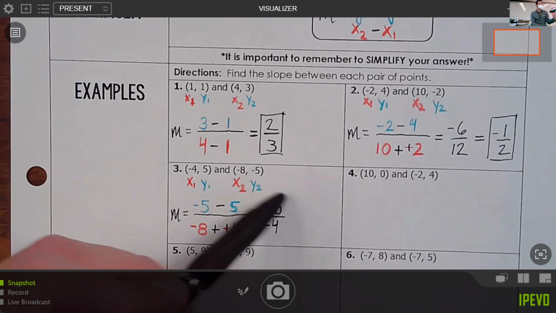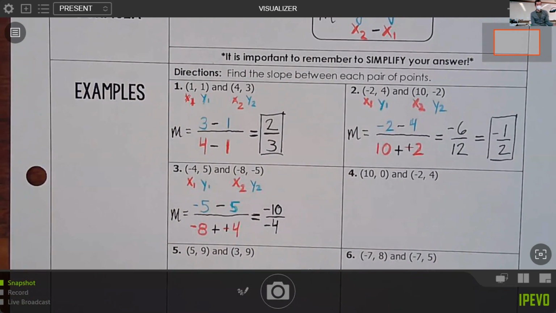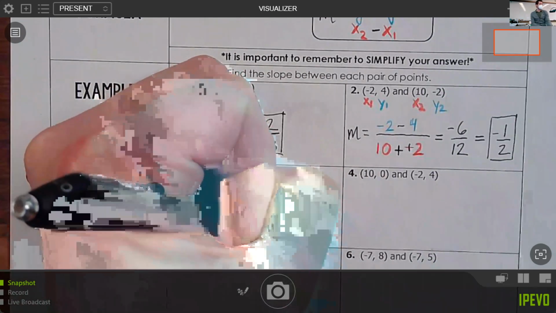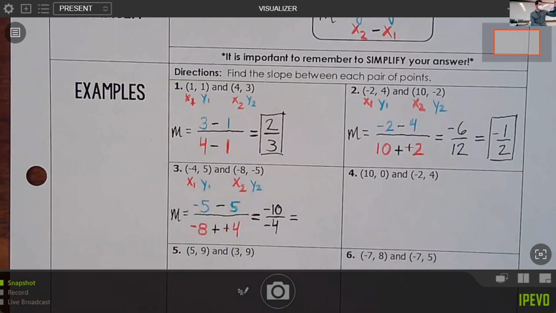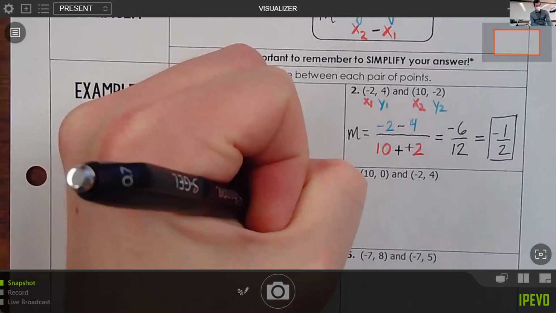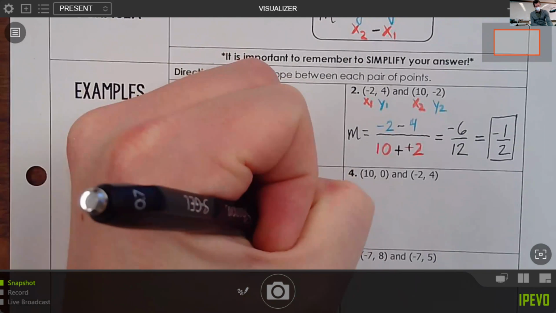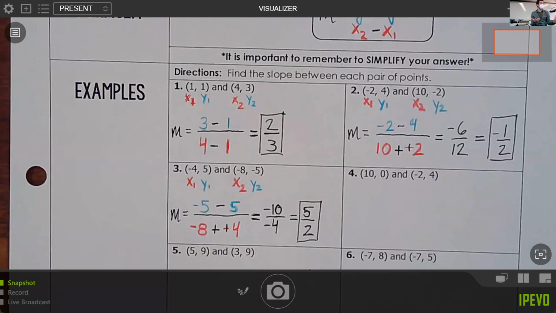When we simplify this, we're not going to have any negatives in our answer. Each of these numbers is divisible by 2. 10 divided by 2 is 5, and 4 divided by 2 is 2. So the slope of this line is 5 over 2, or 5/2, and it's positive.